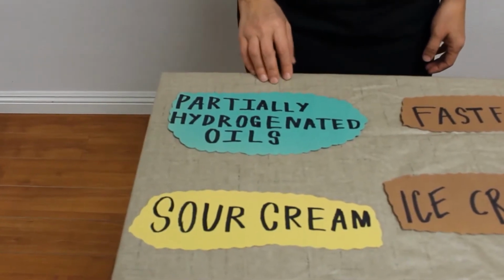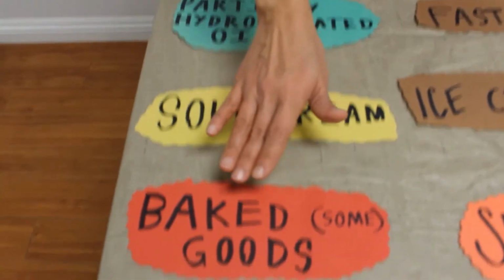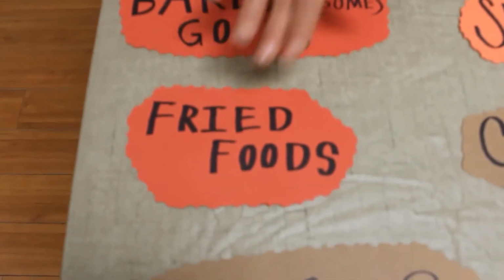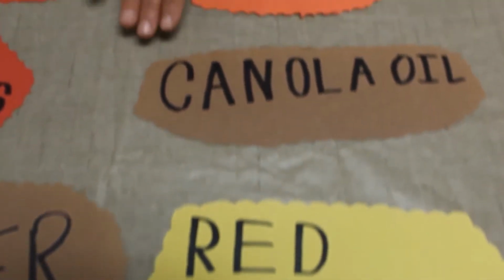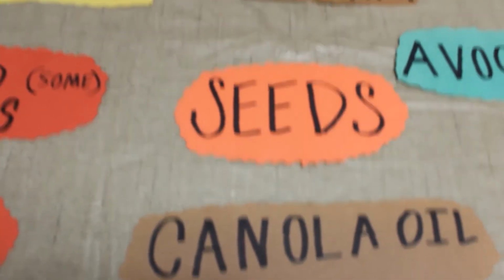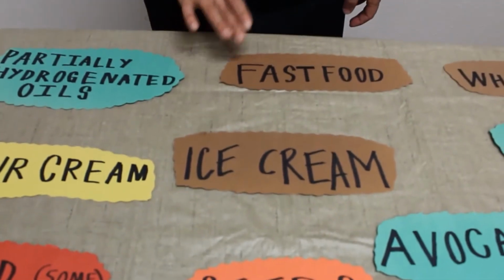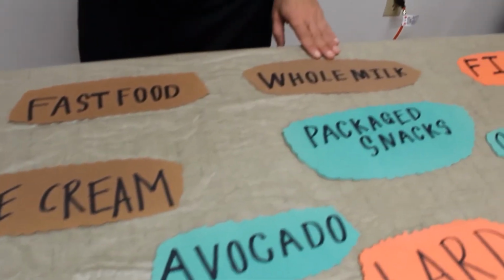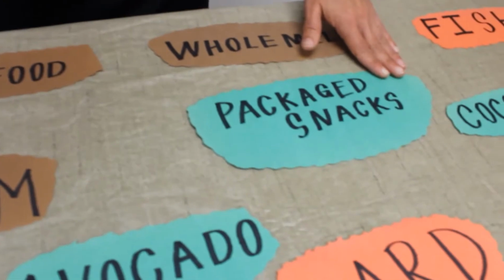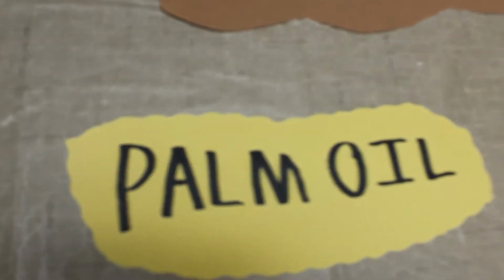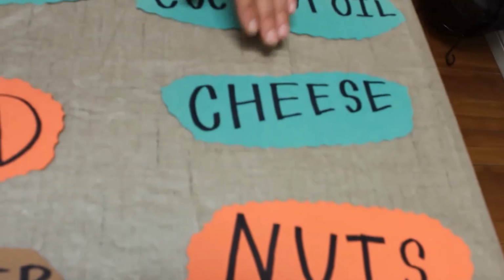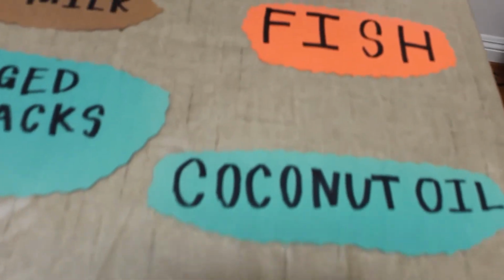Partially hydrogenated oils, sour cream, some baked goods, fried foods, butter, red meat, canola oil, seeds, ice cream, fast food, whole milk, packaged snacks, avocado, lard, nut butter, palm oil, olive oil, nuts, cheese, coconut oil, and fish.